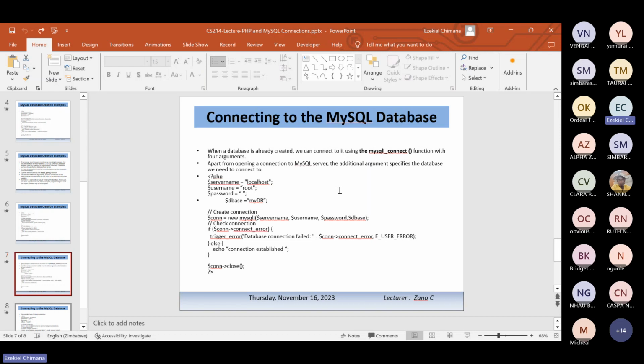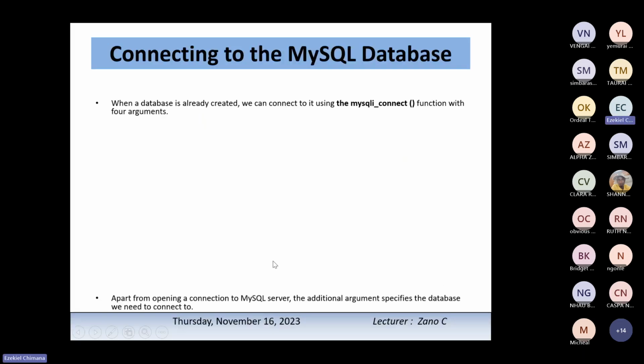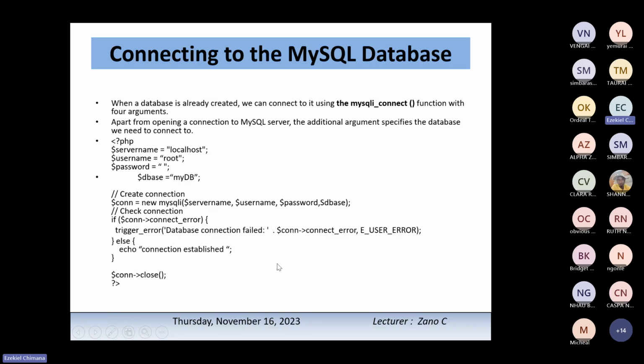Right? So apart from opening a connection to the MySQL server, the traditional argument specifies the database we need to connect to.